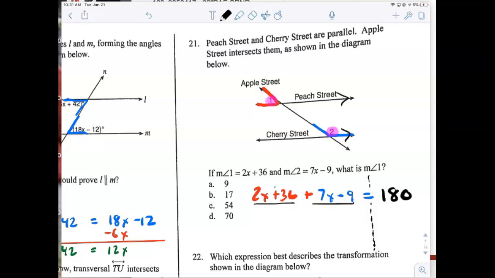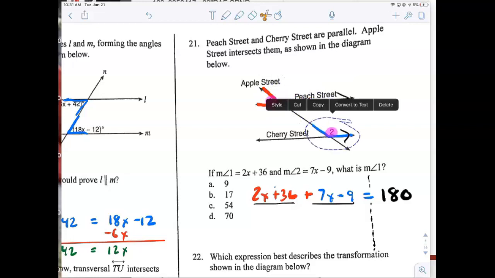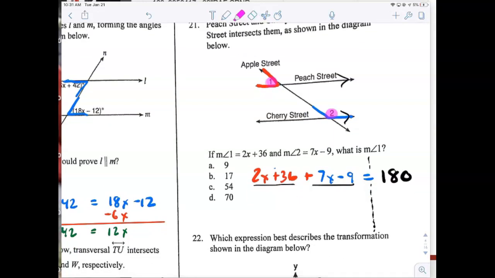If we move this angle up, you'd see by corresponding angles, these two angles, 1 and 2, are supplementary. So we add them up, set them equal to 180, and when you solve, you get x equals 17. Then be careful: they're asking for angle 1, so substitute back in, 2 times 17 plus 36, and that gives you choice D, 70.